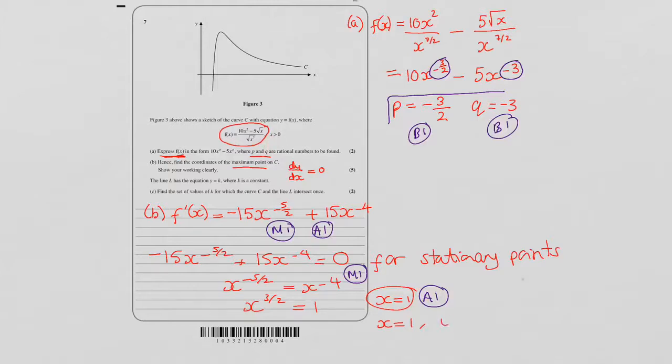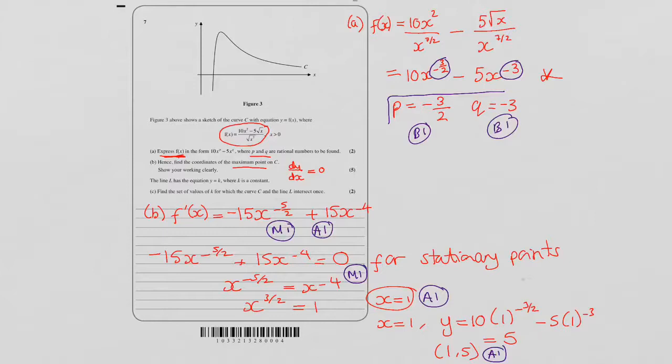So y equals 10 times 1 to the minus 3 over 2 minus 5, 1 to the minus 3. So I've plugged it back into there, my simplified version, and I get 5. So my coordinates are 1, 5, and that's where my last mark is. Okay, lovely.